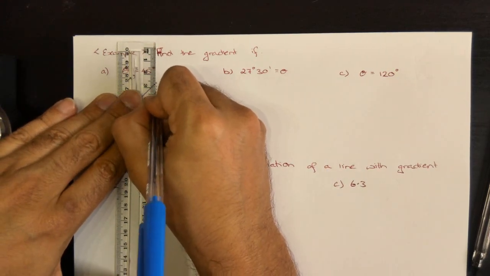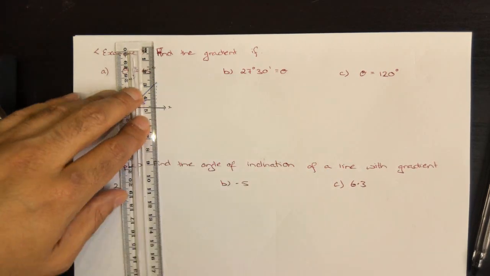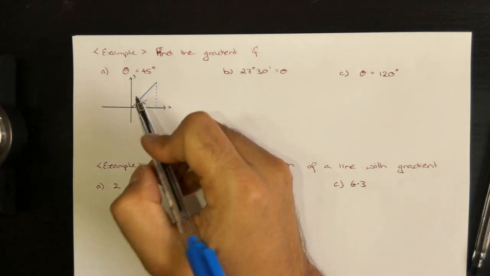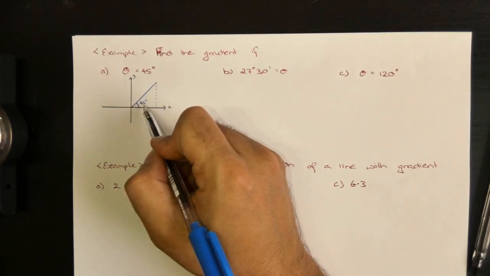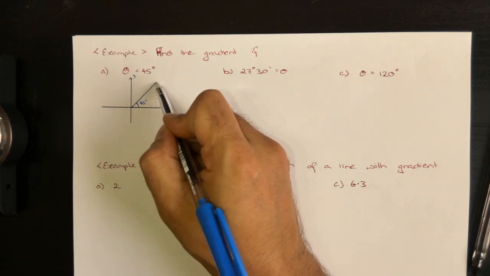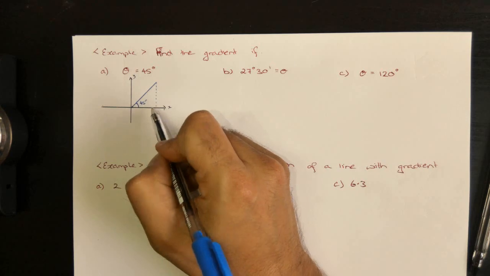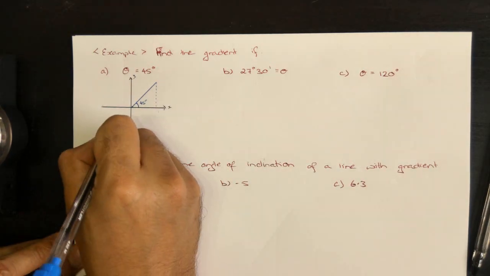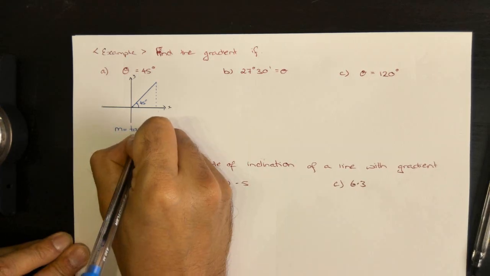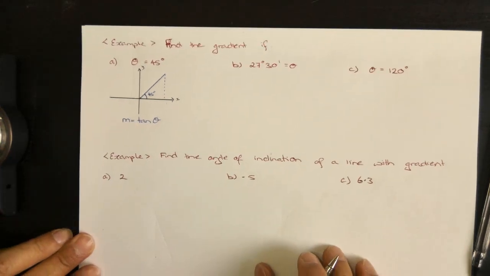I can calculate that gradient using the understanding that the tan of 45 is the y value, this height, the rise, divided by the run. So really the formula is m equals tan theta, all right?